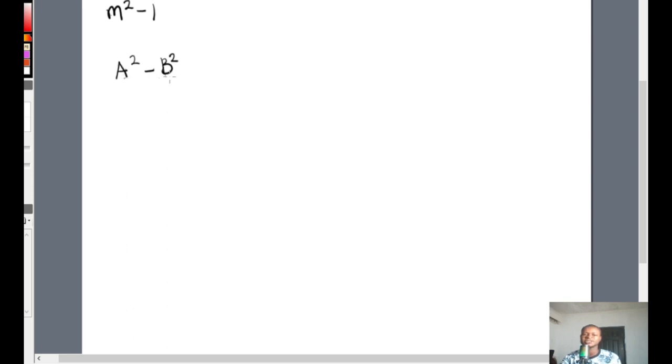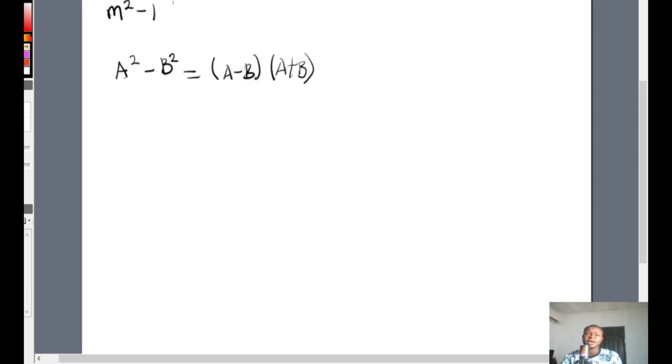Now when we say difference, it means minus, which means that I'm subtracting one from the other. The difference of 2 squares is illustrated as a minus b and a plus b. So whenever I have any form of factorization in the difference of 2 squares, this is how I illustrate it to make it in a simpler form.